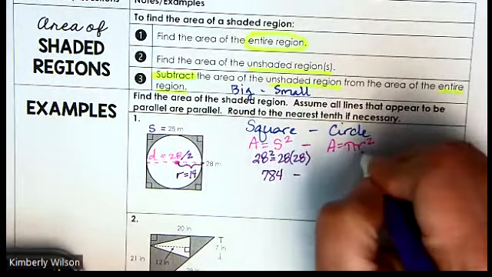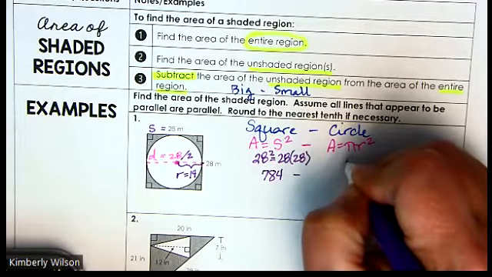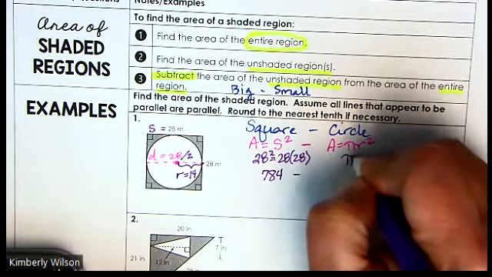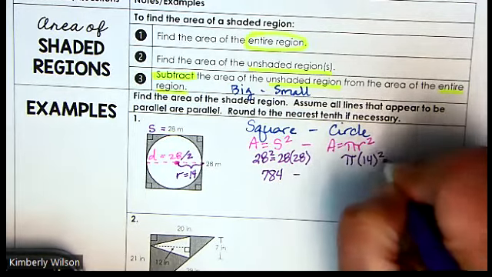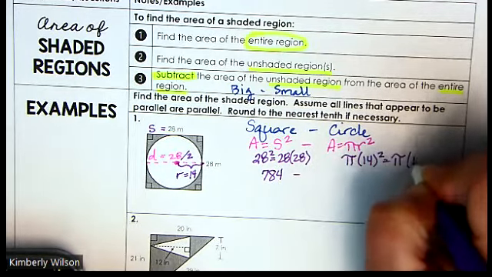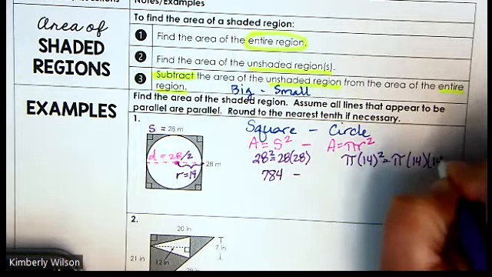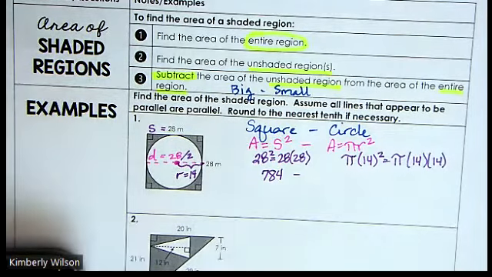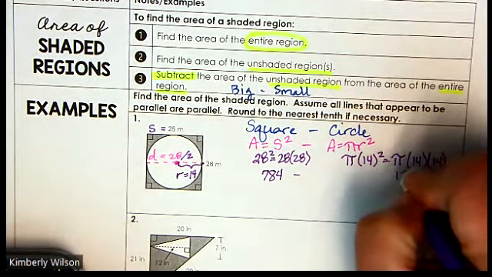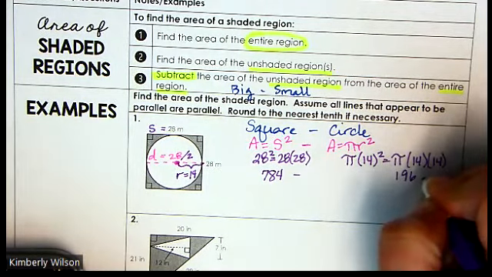So remember, the radius is 14. So we have pi times 14 squared, which is the same as pi times 14 times 14, which is going to give me 196.